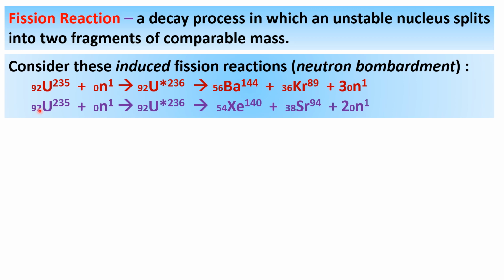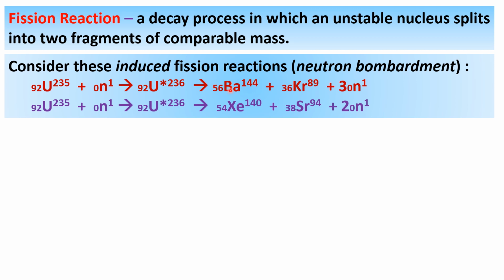The other possibility is for the same unstable nucleus, uranium-235, upon capturing one neutron and becoming a very unstable uranium-236 in its very excited state, to also produce xenon, whose mass number is 140, plus strontium with a mass number of 94, but only 2 neutrons will be released.